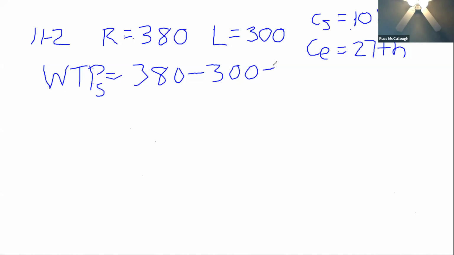So minus 10H. So that sets up our willingness to pay function, which can be simplified now since we have two numbers that stay constant. We can add those together. So we really get 80 minus 10H.